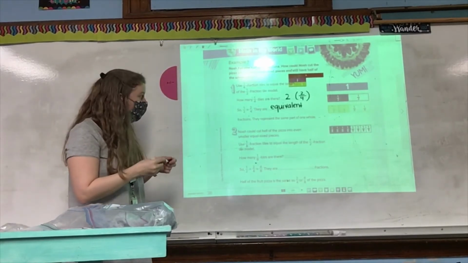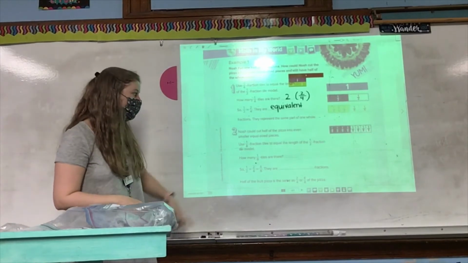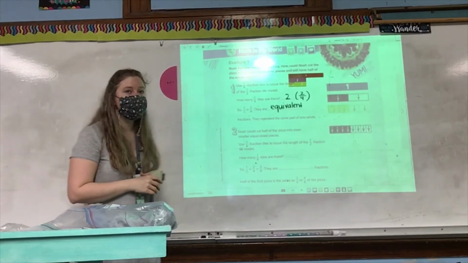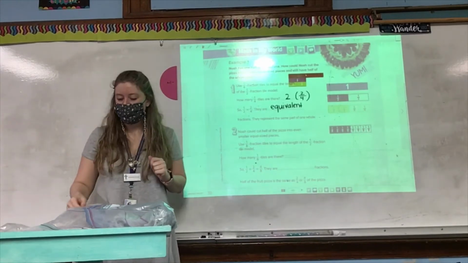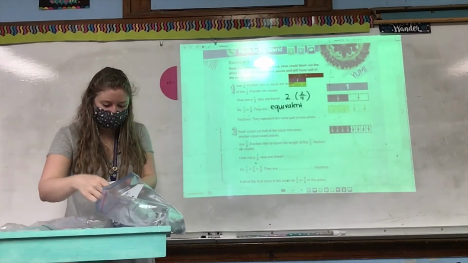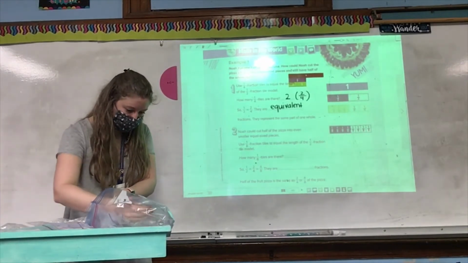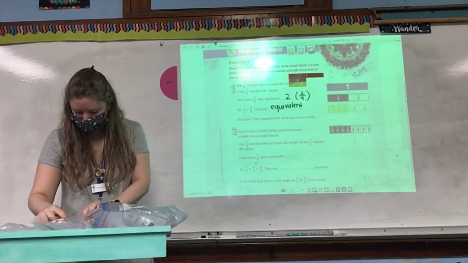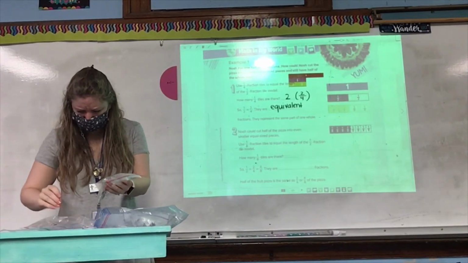Now, 1/2 and 2/4 aren't the only equivalent fractions. Because maybe there's more than 4 people that want some of this pizza. Maybe there's 8 people. So, Noah took his 1/8 fraction tiles. I think I have 1/8. I hope I have 1/8.